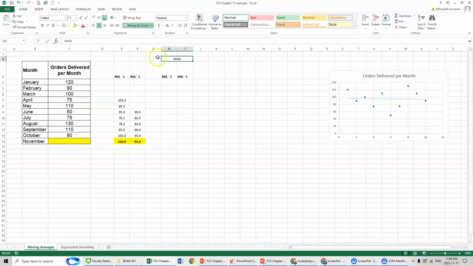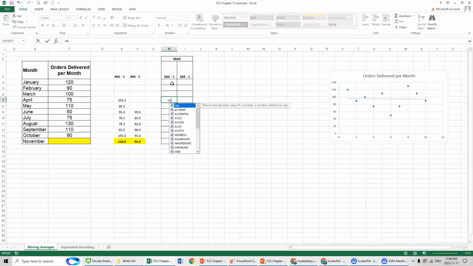And let's just make this all pretty. This is the mean absolute deviation process for both moving average techniques that we used. It's the absolute difference, so we're going to enter an ABS function: the absolute difference between demand and forecast.